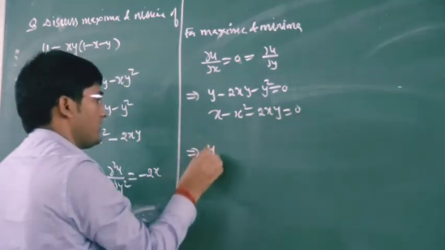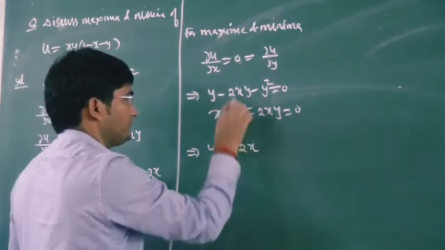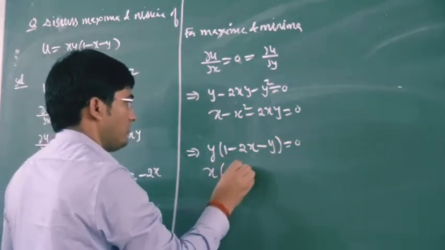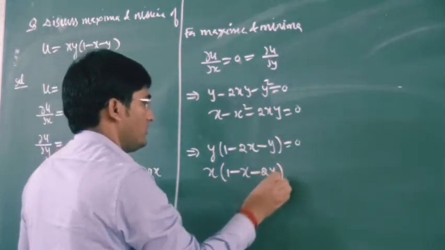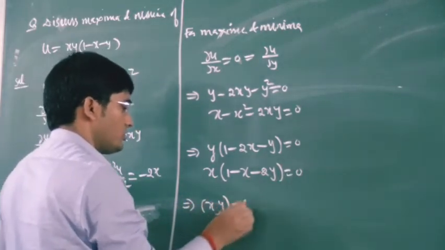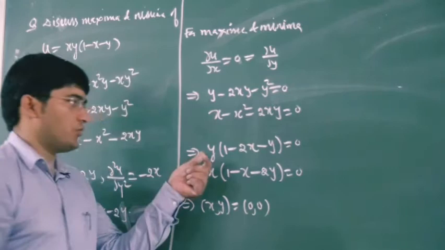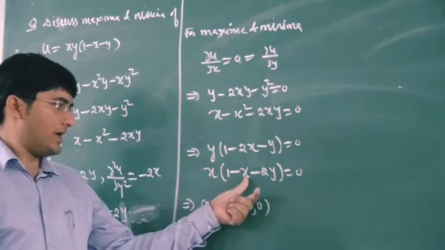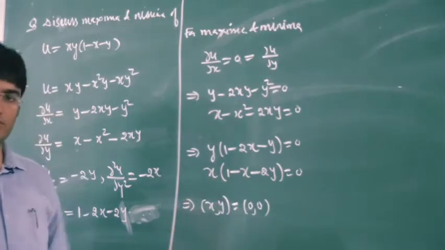So let us take y common from the first equation, and x common from the second. So we can see that one point is 0 comma 0, because if this bracket is non-zero, then we will have y equal to 0, and if the other is non-zero, then our x will be 0.